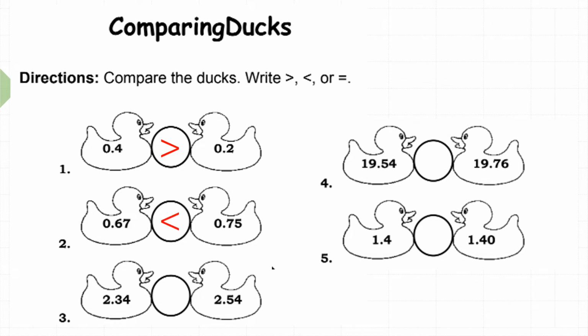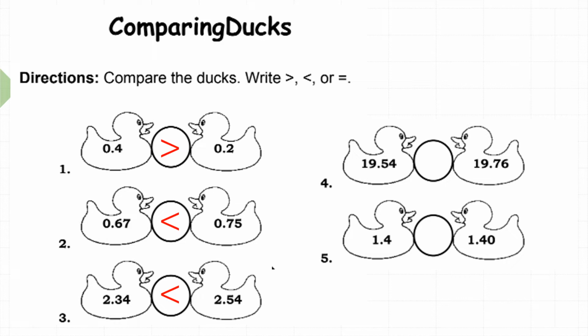Number 3, we have 2 and 34 hundredths, compared with 2 and 54 hundredths. What do you think is the right symbol in number 3? Correct. It's less than.